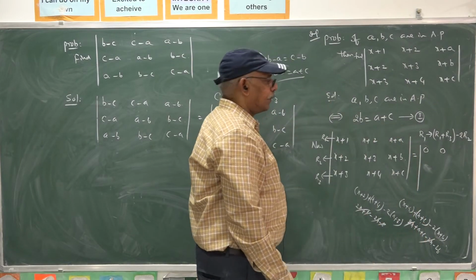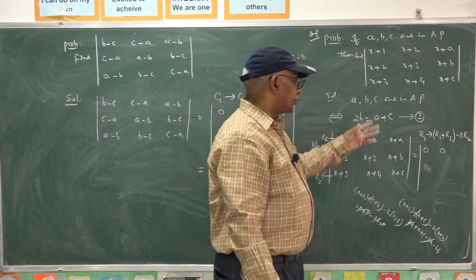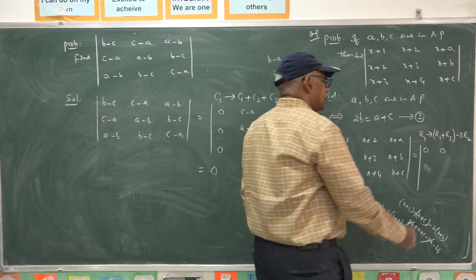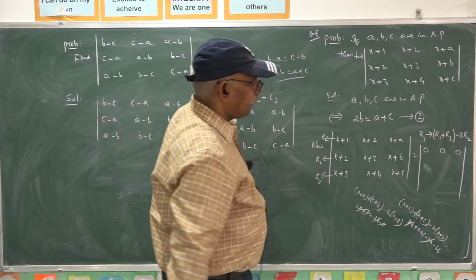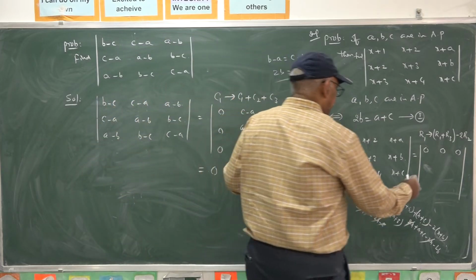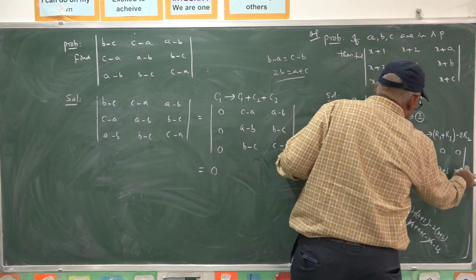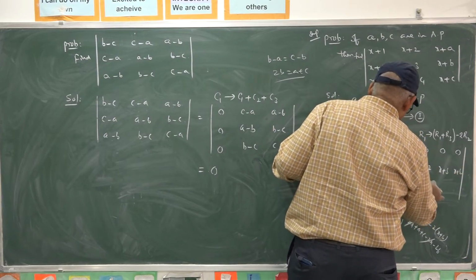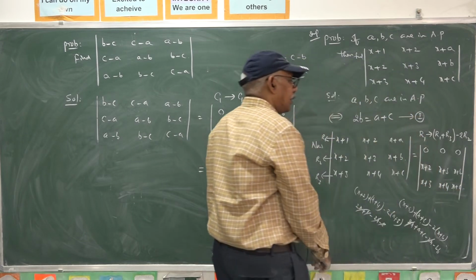The 2x cancel, and a plus c equals 2b, so it becomes 0. Hence this element also becomes 0. So the first row elements all become 0, and x plus 2, x plus 3, x plus b and x plus 3, x plus 4, x plus c remain as they are.